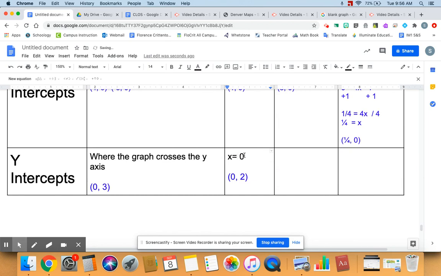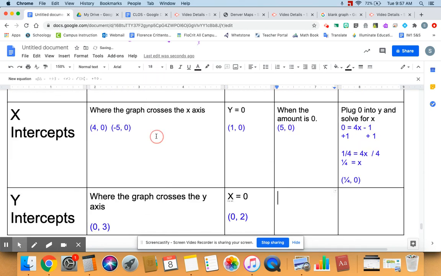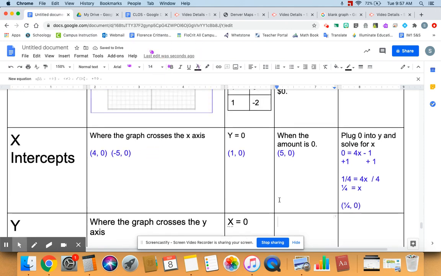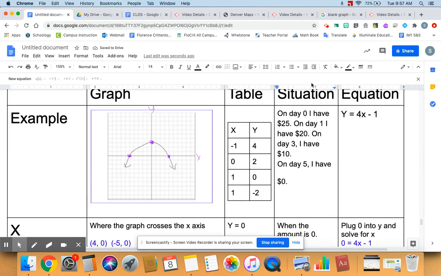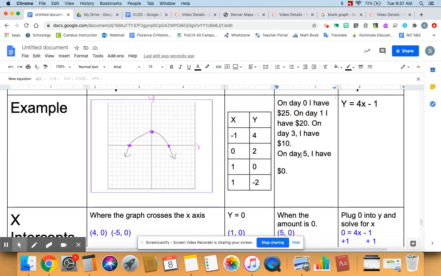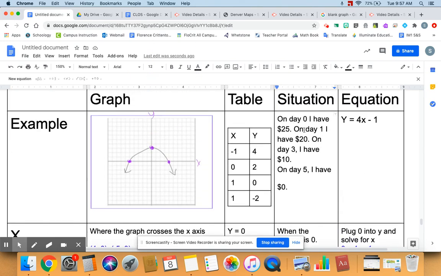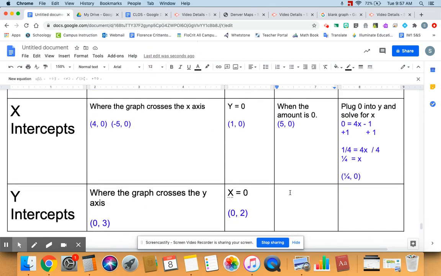X being 0 in a situation. Remember, in a situation, x is our independent variable. And the most independent thing in math is time. And in this situation, it is talking about days. So if the day is 0, that is the starting amount, because on day 0, that means before any days have passed. It's like how much you start with.